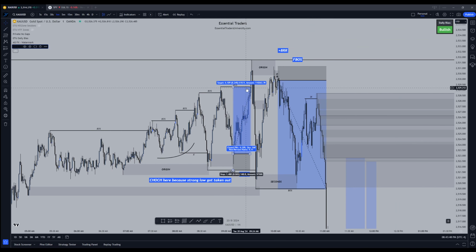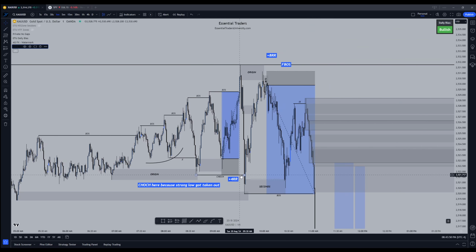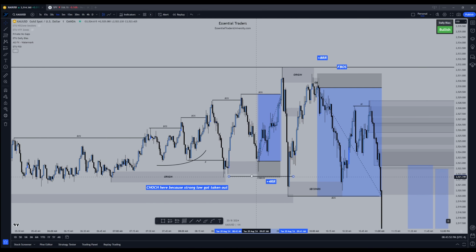So later on, I'll mark this as a break structure, obviously, but remember, this is now our change of character because this low here is now strong because we took out liquidity and we created a new break structure. Therefore, this is how the market operates logically. When a market takes out liquidity, we tend to respect that point.